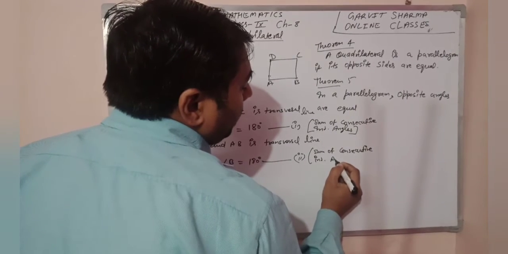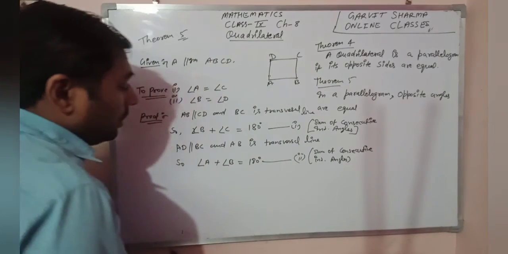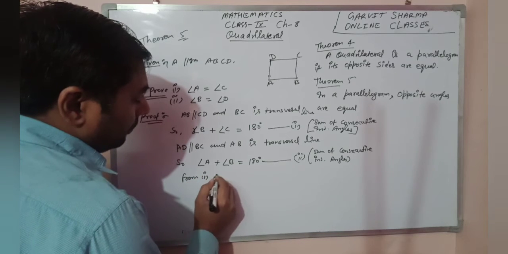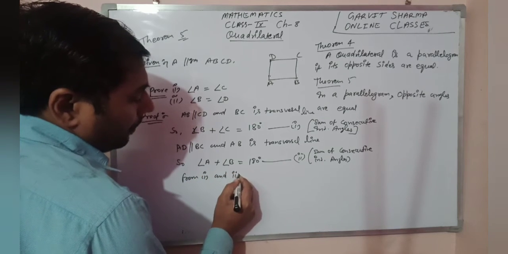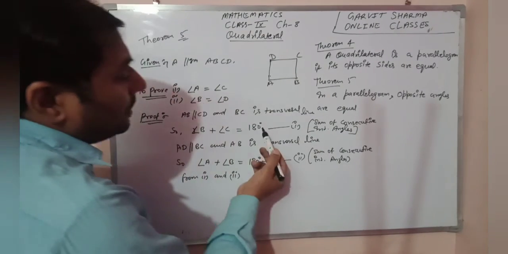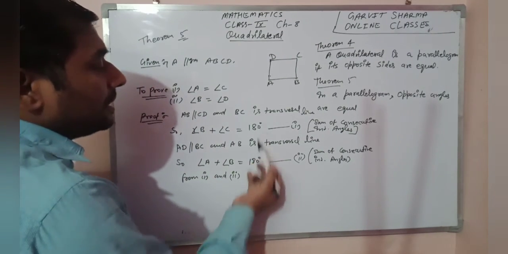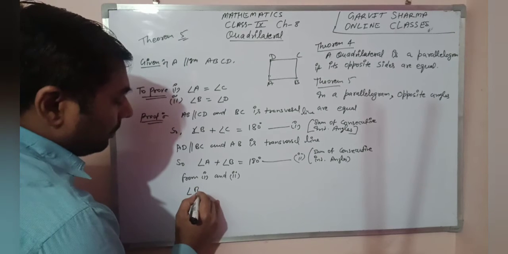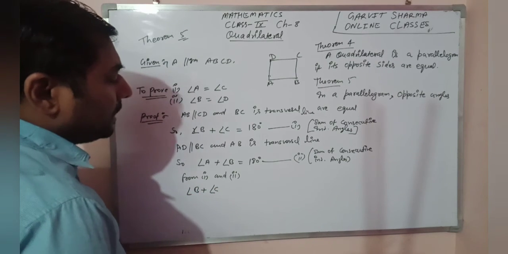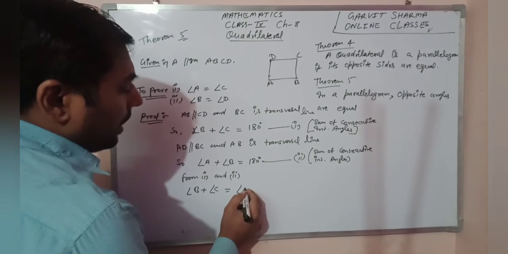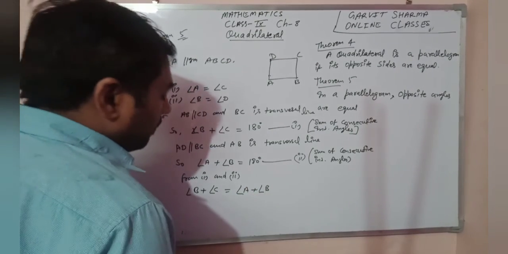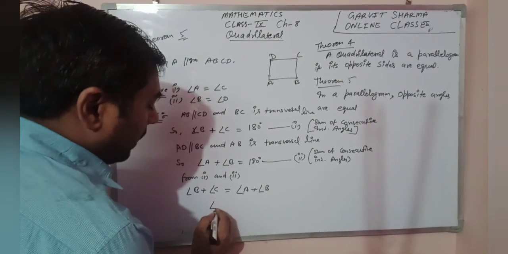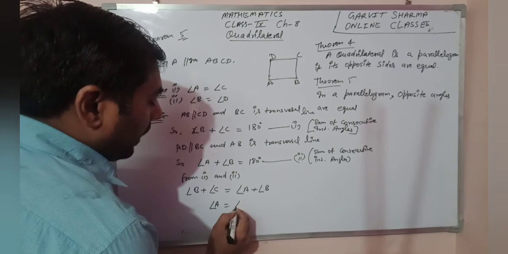From the first and second, angle B plus angle C is equal to angle A plus angle B. Here B and B are the same, so A will be equal. Angle A is equal to angle C.